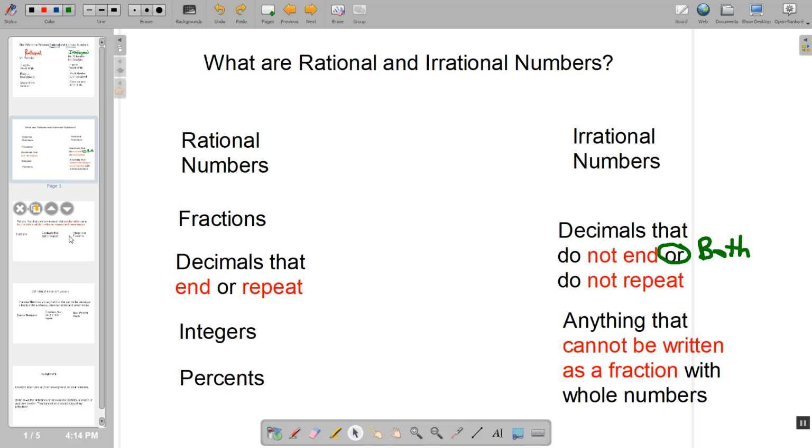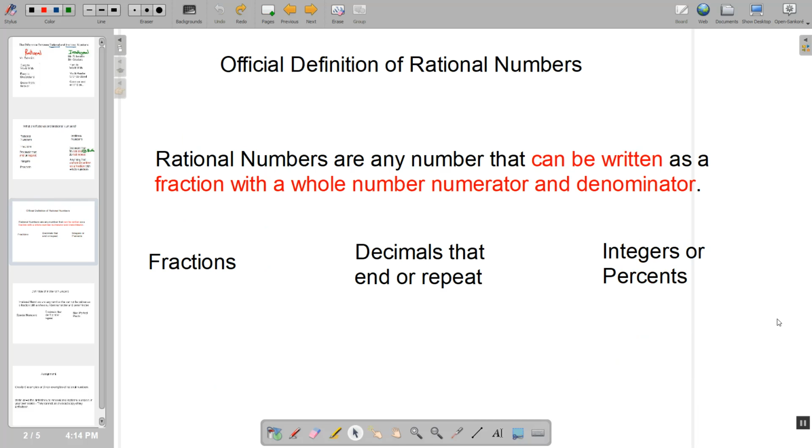So let's get into some specific examples here. An actual definition of a rational number is any number that can be written as a fraction with a whole number numerator and denominator. So something like 1/2 could be a rational number.